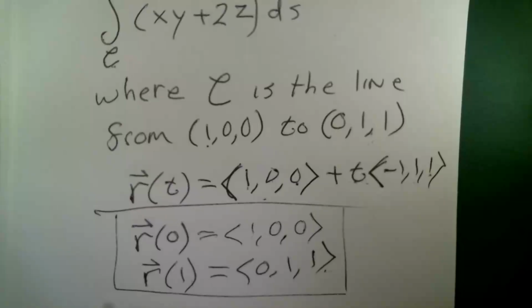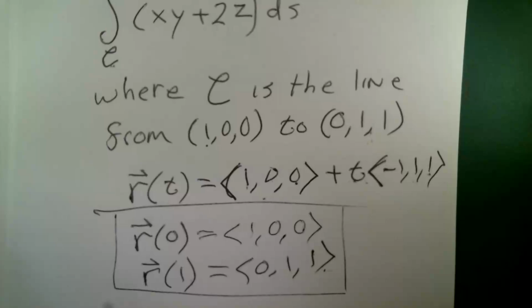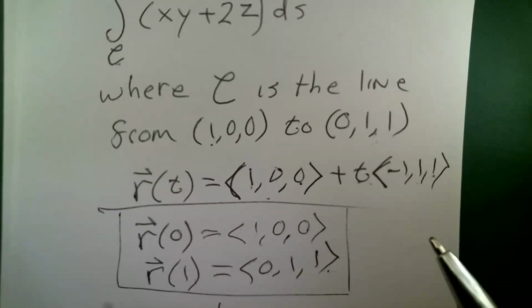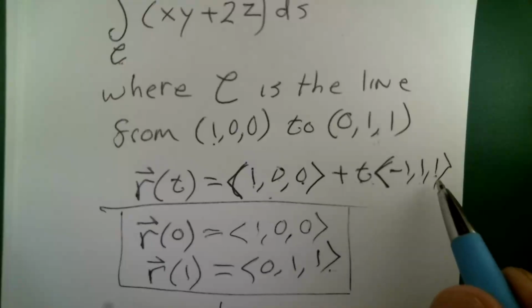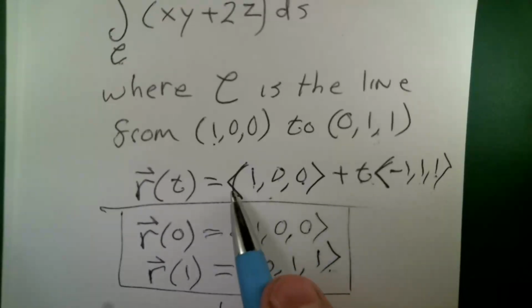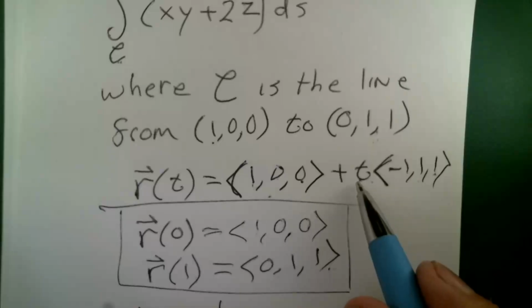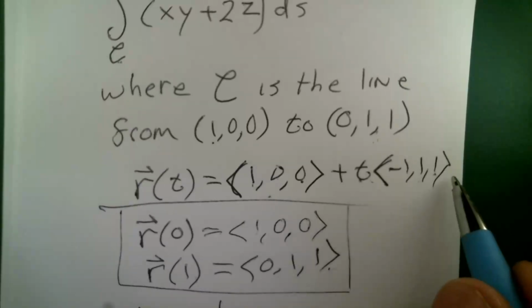Okay, so what's r prime? In fact, we want the absolute value of r prime, but it turns out it's positive anyway. When you take the derivative of r with respect to t, the constant vector goes away, and we've got our variable times another vector.